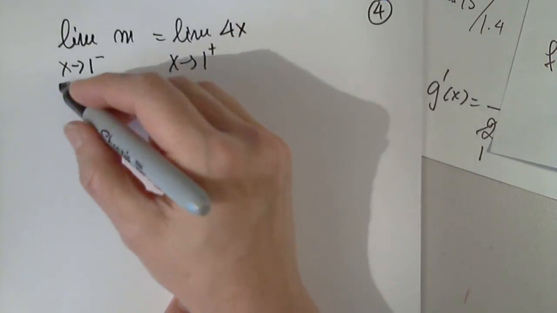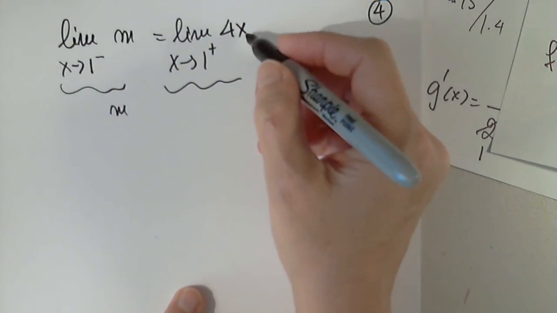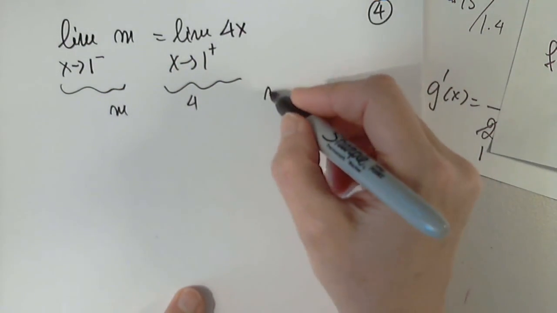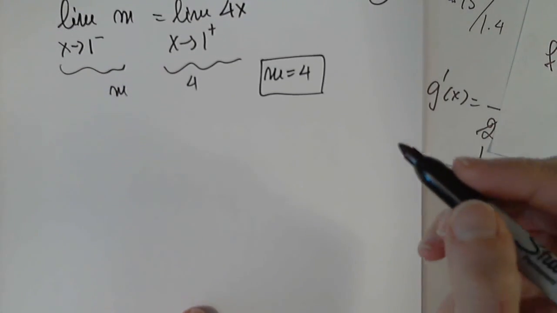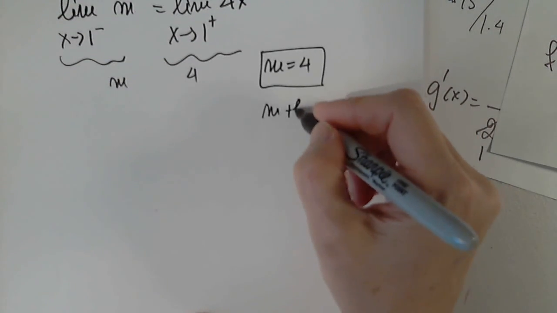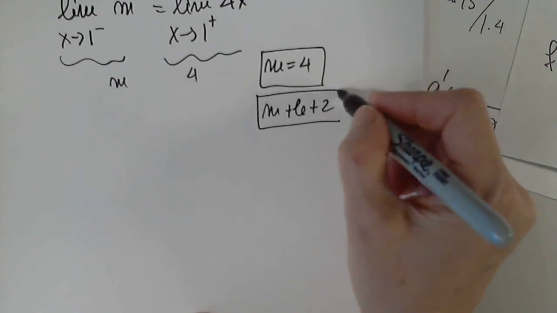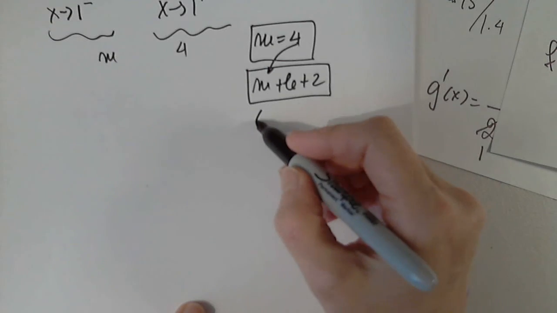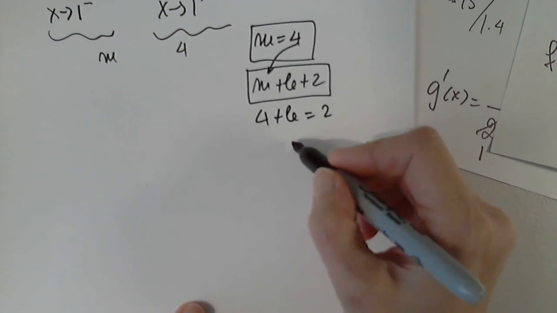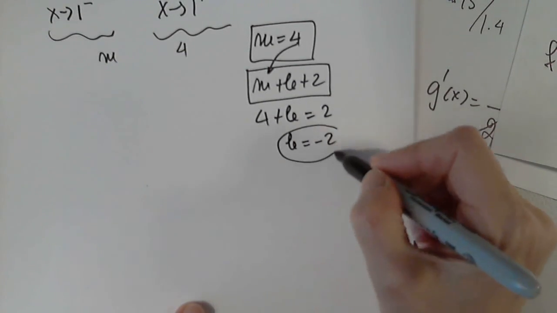Good. The left hand side is m, the right hand side is 4, so m must equal 4. This is the second equation. Knowing that I obtained this equation from part 1 and 2, and m is 4, 4 plus b equals 2 means b equals negative 2.